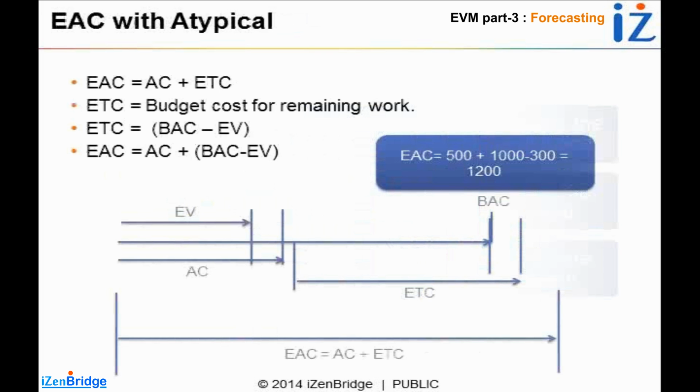So what is the remaining work? In terms of money, in our project, we had budget at completion equal to 1,000. So at the end of the project, we were thinking of earning 1,000. Now what we have earned till this point in time: out of 100 units, I am done with 30 units. So I have earned 300.